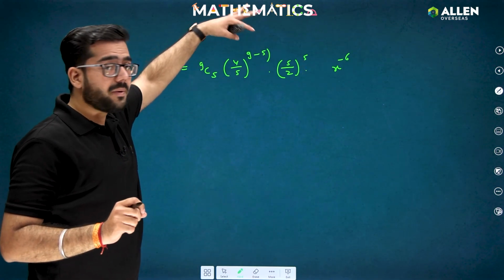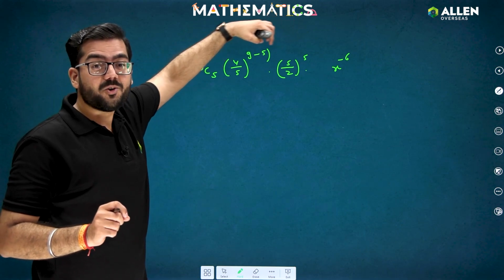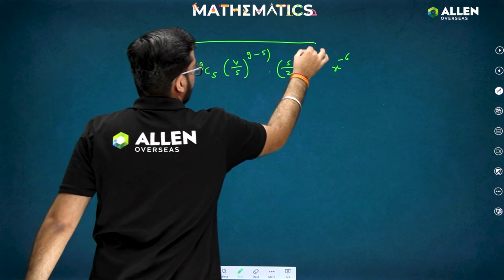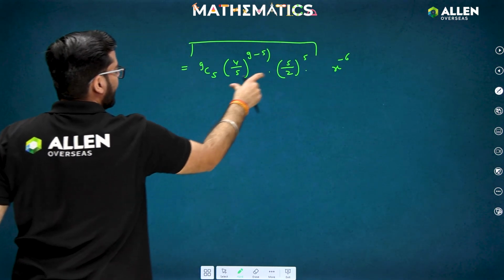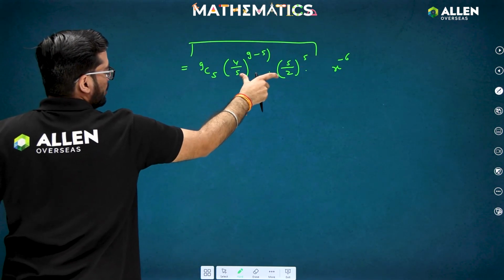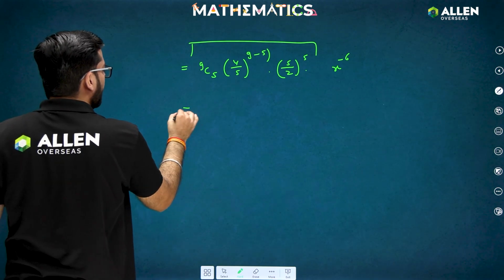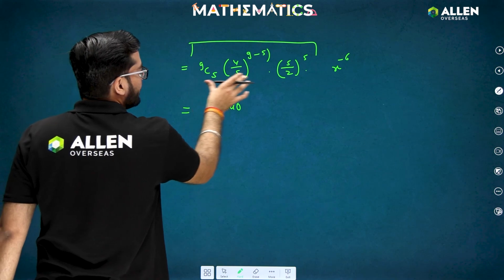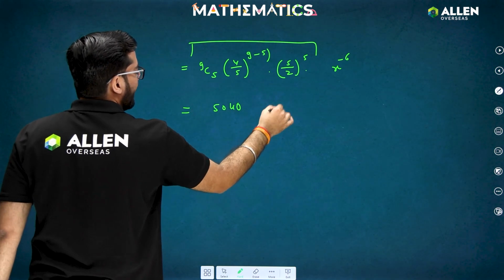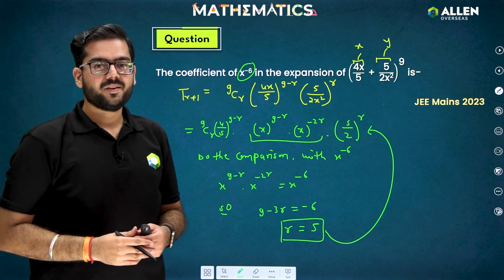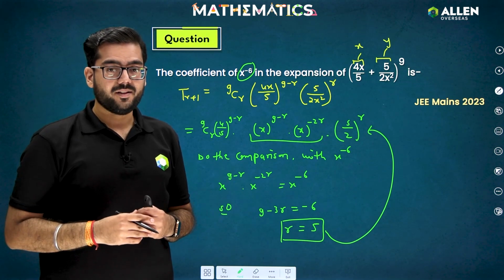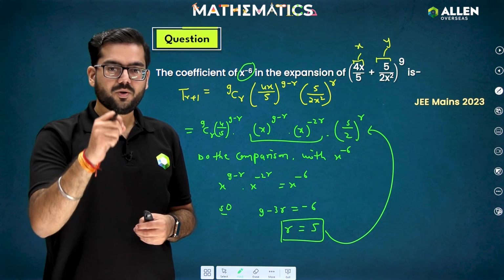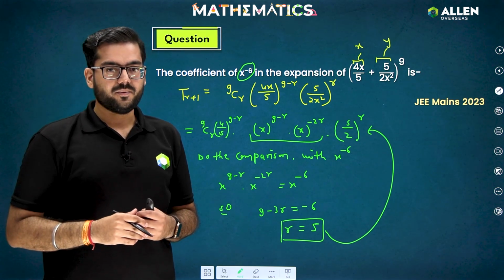I hope everyone is able to see where the coefficient of x raised to minus 6 is. Yes, it is here. Now just do the simple calculation, solve this, and you will get the final answer, that is 5040, the value of the coefficient of x raised to minus 6. I hope everyone understood well. If you have any problem, you can drop your doubts in the comment section.